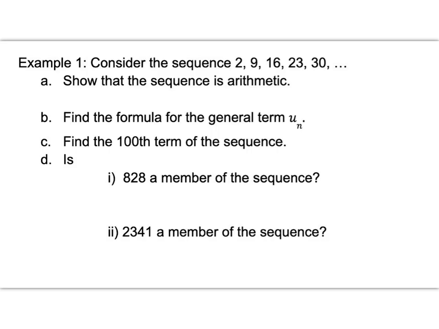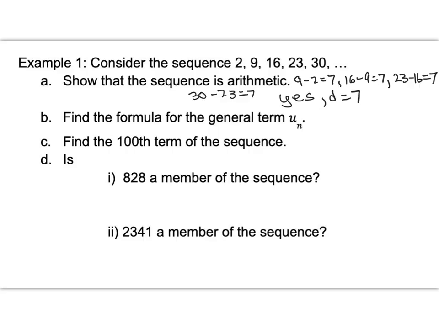So show that it's arithmetic, then we take the second term, subtract the first one, take the third term, subtract the second, take the fourth term, and the last term minus the term before it is also 7. So yes, it's arithmetic, and D is equal to 7.